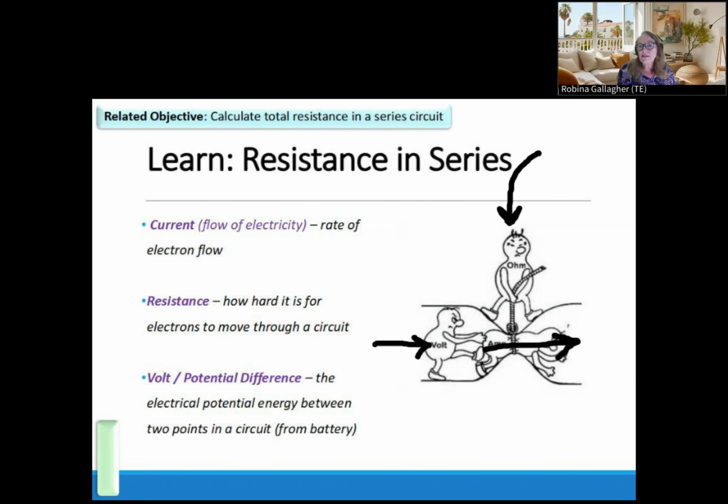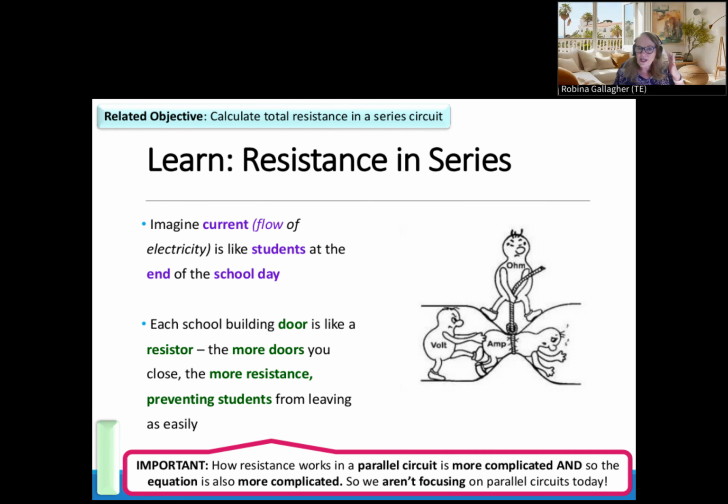And resistance is measured in ohms, and that is represented by the omega sign, which is a Greek letter. So that is kind of what's happening in the wire, as if you think of it as little people. You could also think of it as if you were in a school building, and the bell rang at the end of the day, and all the students were trying to get out of the building.